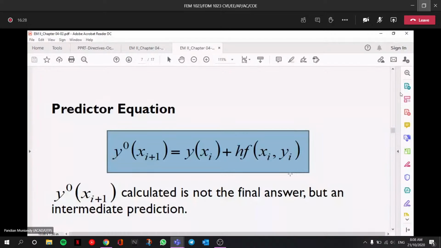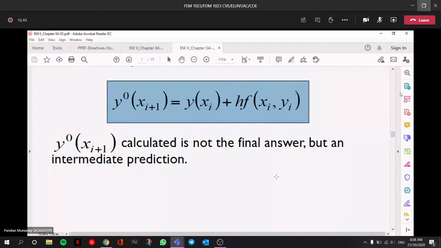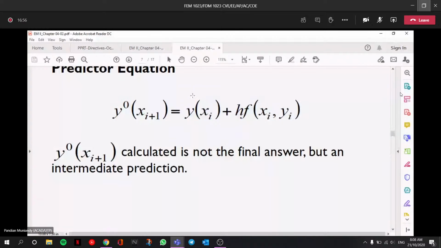So Yoon's method makes use of Euler's method, but we call this the predictor equation. After you calculate y naught, because you know y(x_i), you know h, you know f(x_i, y_i), all these can be calculated. Therefore, you can calculate y naught.